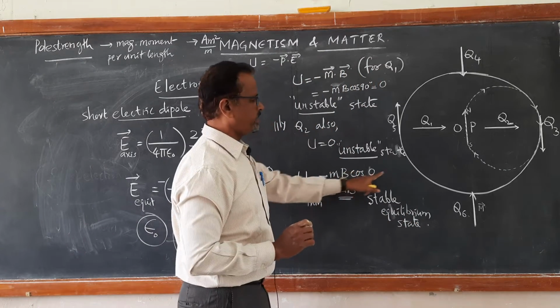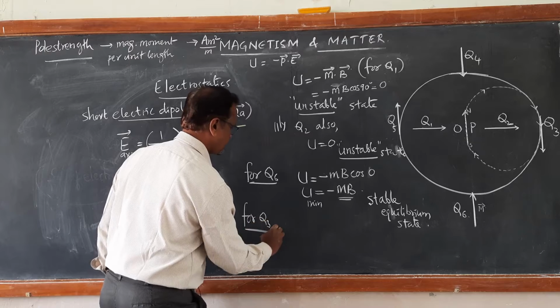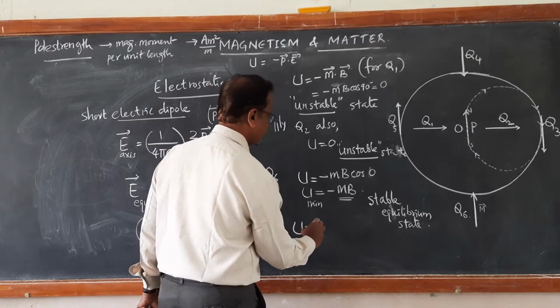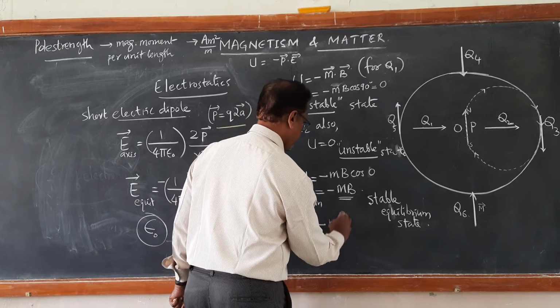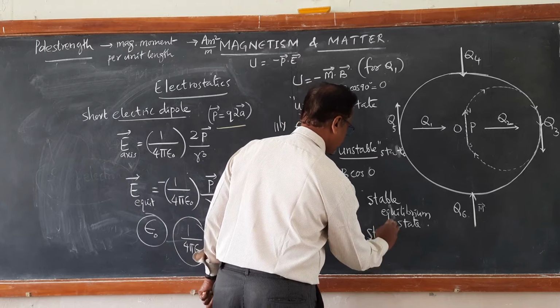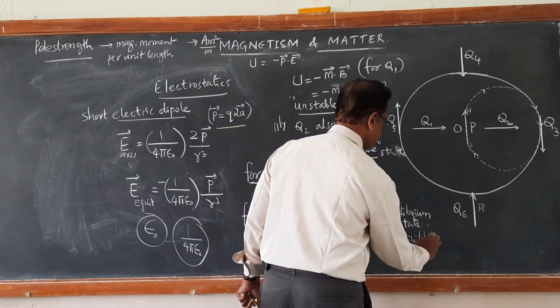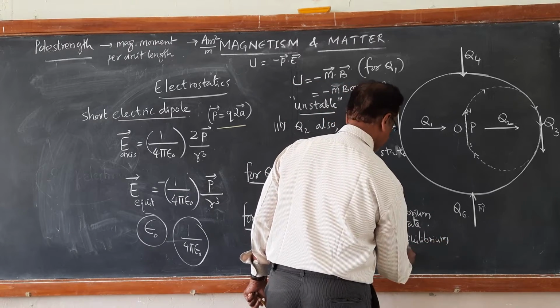So again it is going to be cos 0. So for Q3, if you calculate U, it is again minus mB. Again it is going to be the most stable equilibrium state.